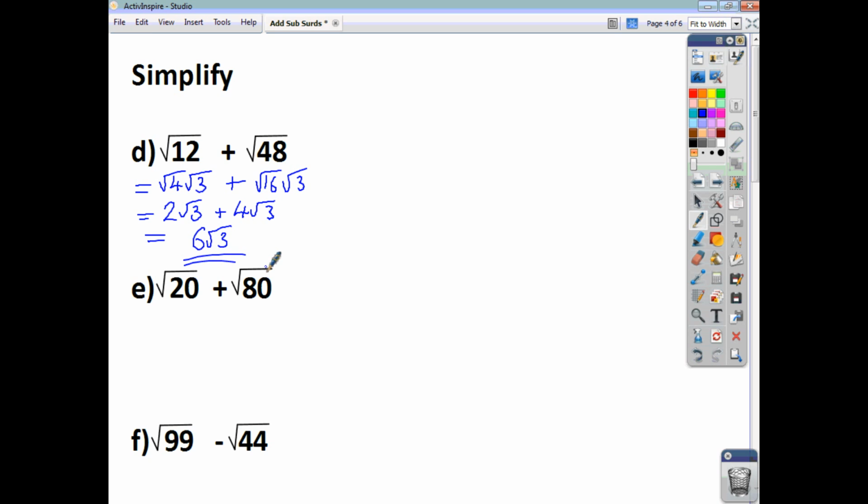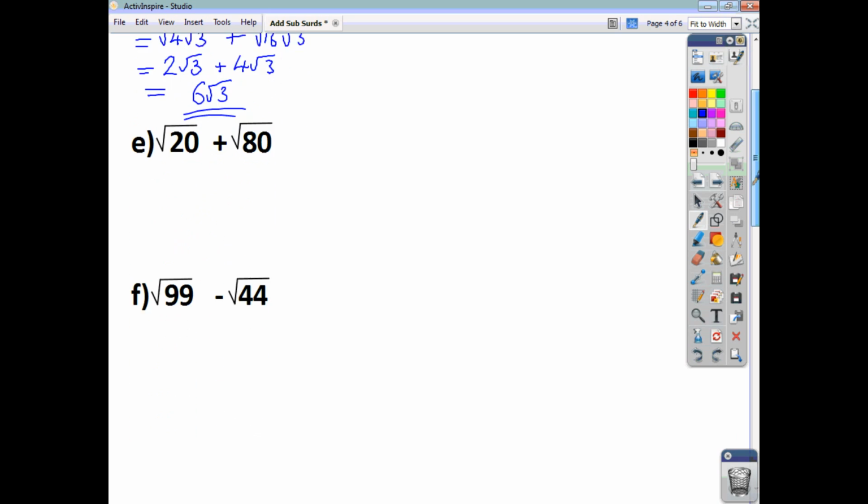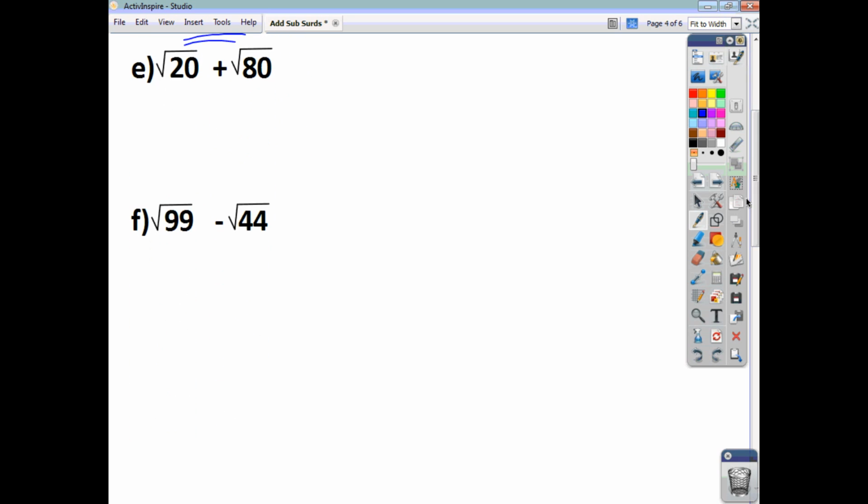So once you get them in the same format where they belong to the same family, you can add them very easily. Now for this next one, think of square factors of 20. What goes into 20? Well, 4 does, so root 4 times root 5. Square factors of 80.